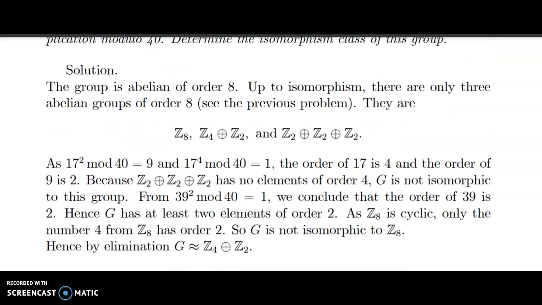And we have two elements in G that have order 2. Those are 9, the number 9 has order 2, and the number 39 has order 2. So G has at least two elements of order 2, and the first group, Z8, is cyclic, and in a cyclic group we have exactly one subgroup of order 2.